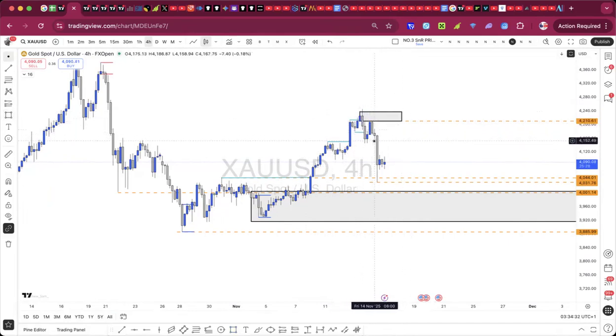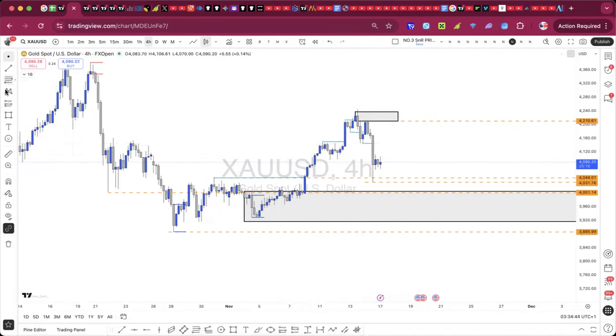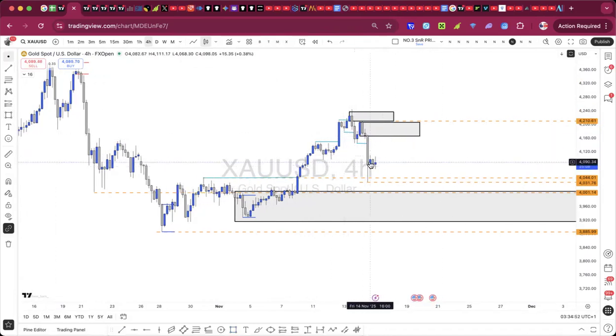Mitigated. Very, very nice one. And then we have a break of structure. So this structural break means we have another 4 hours probably point of interest, unmitigated.